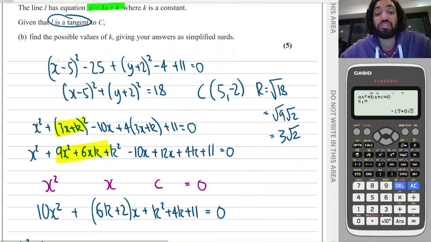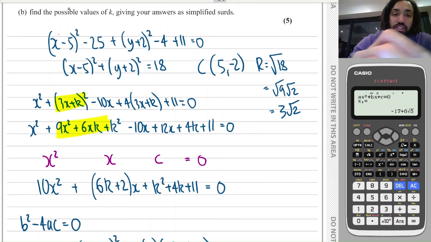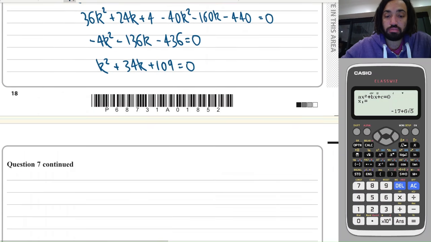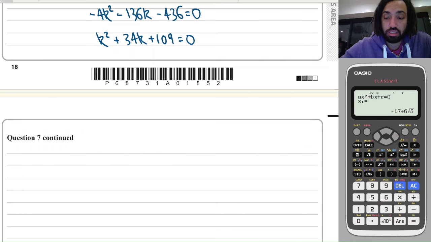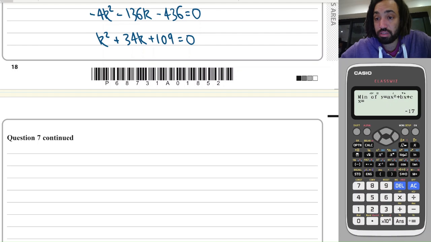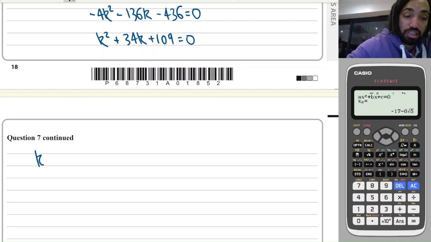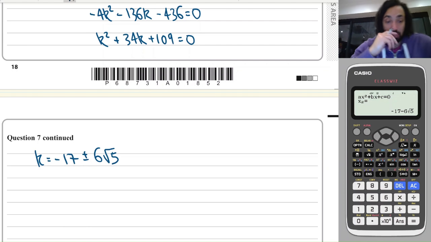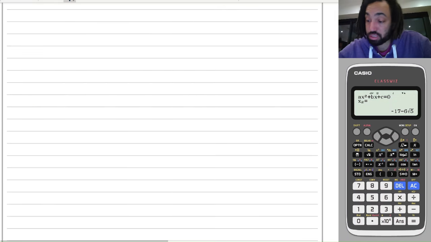Find the possible values. Fantastic. 2 solutions. And are these 2 the same? They are, so it's minus 17 plus or minus. So k is equal to minus 17 plus or minus 6 root 5. Great. Job done.